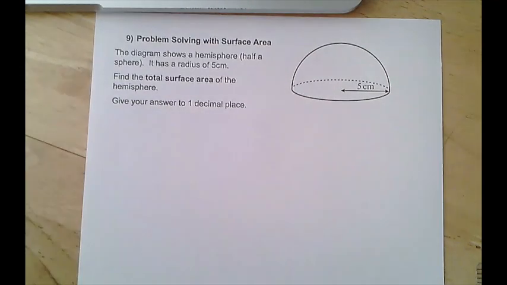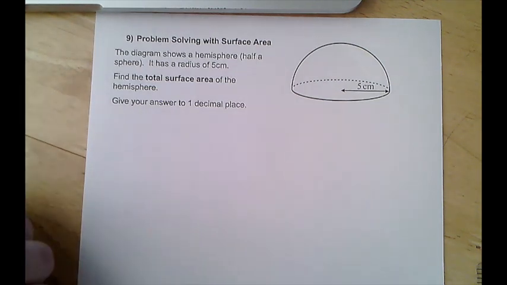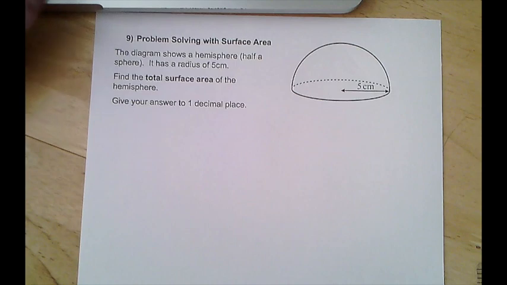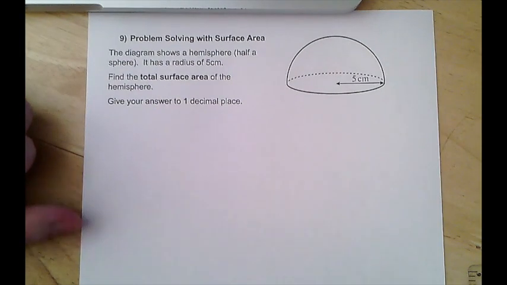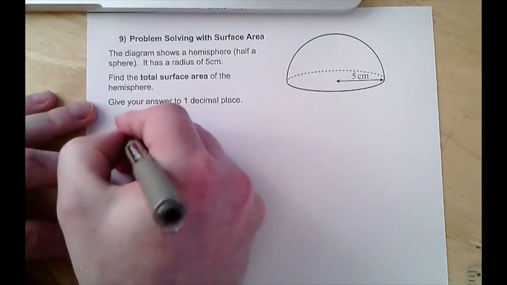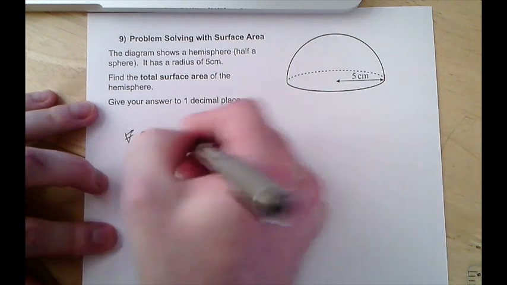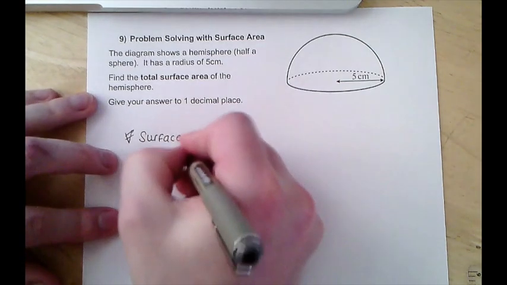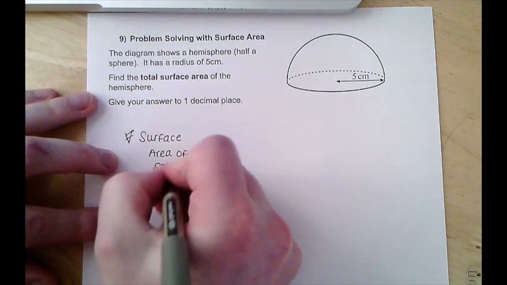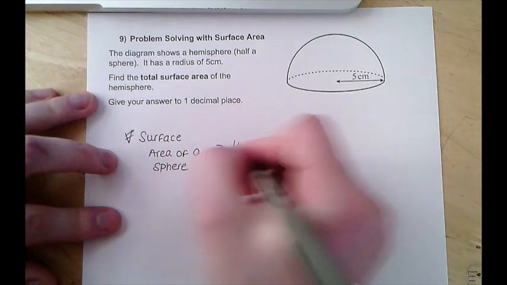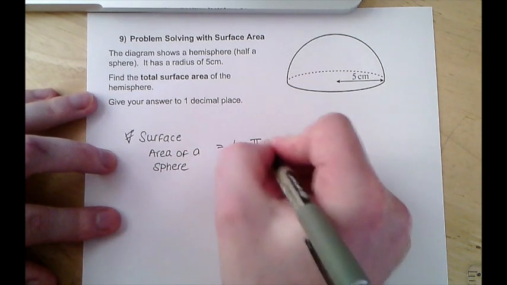Okay, so we've got a hemisphere, which is half a sphere, and we need to find the total surface area. Okay, now I should have told you that the surface area of a sphere is 4 times pi times the radius squared.